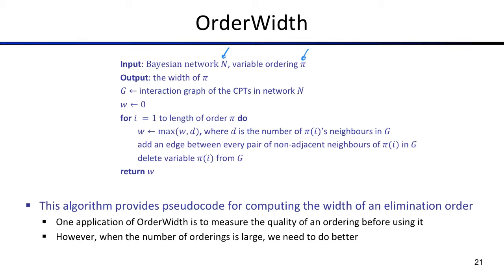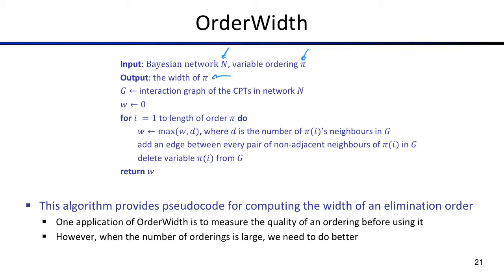At the end, you're going to return the width of this ordering pi. So I'm going to take one ordering as input and output one number that represents the width of this ordering. It's going to be proportional to the quality of this ordering, and we are interested in finding the ordering that has the smaller width. But this algorithm will just measure the quality of a single ordering. If we want to compare multiple orderings, we have to run this algorithm once for each ordering and compare the numbers later.